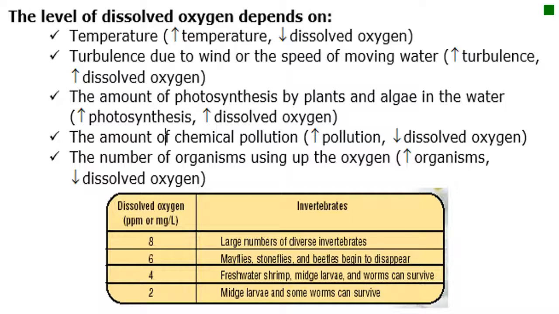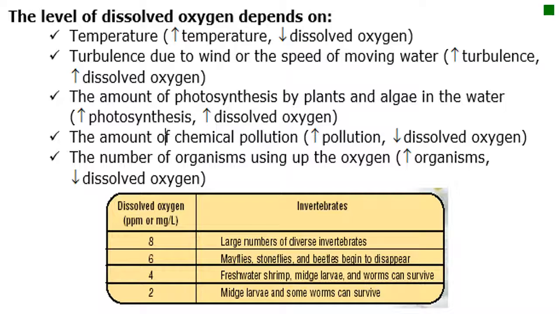The amount of chemical pollution: more pollution means decreased dissolved oxygen. And increased acidity means less dissolved oxygen as well. The number of organisms using up the oxygen: if you have more and more organisms using oxygen, that's just going to deprive other organisms of oxygen.